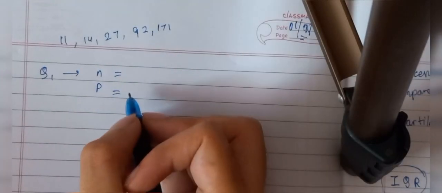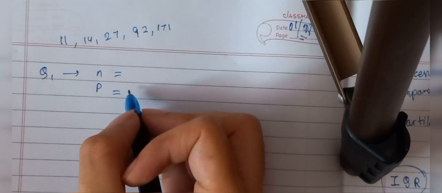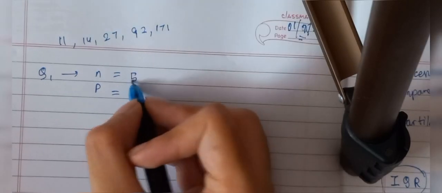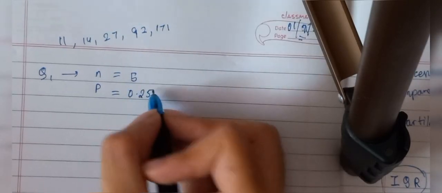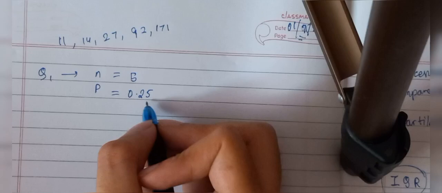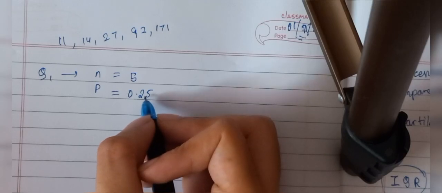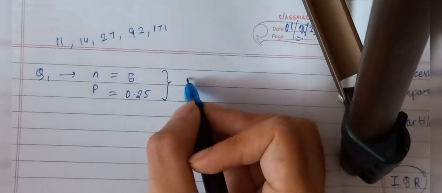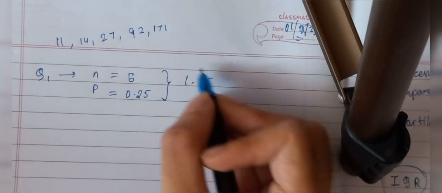There is a rule that says you need to find the product n times p, n meaning the number of terms and p the percentile that you want to target. Quartile 1 is the 25th percentile, so 25 by 100 is 0.25, and the product gives me 1.25.